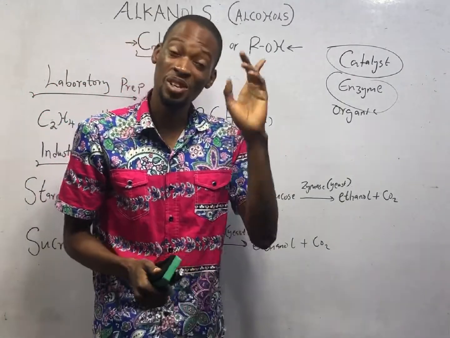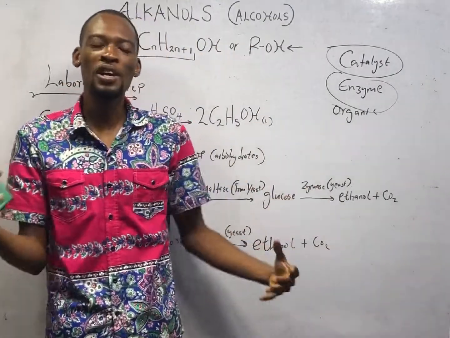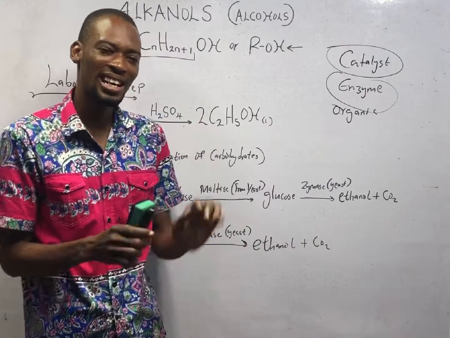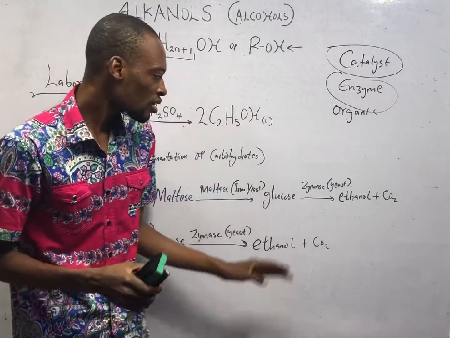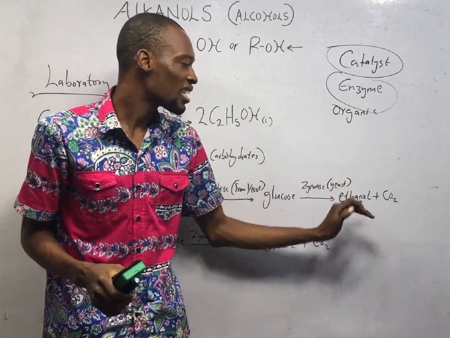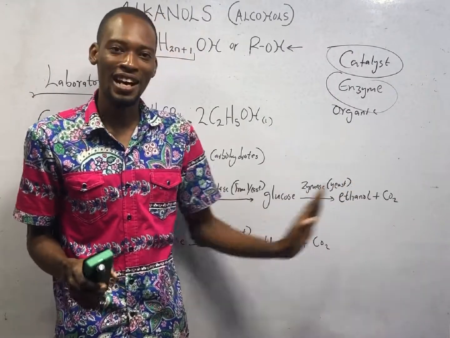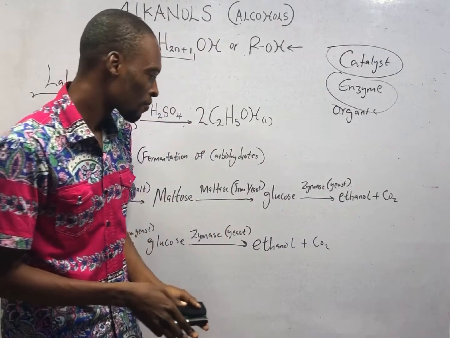Remember, I drew the structure of glucose earlier, and you see that glucose has a lot of OH groups attached to it, and I said it is polyhydric. Now, an enzyme called zymase from yeast acts on glucose to convert it to ethanol and carbon(IV) oxide.